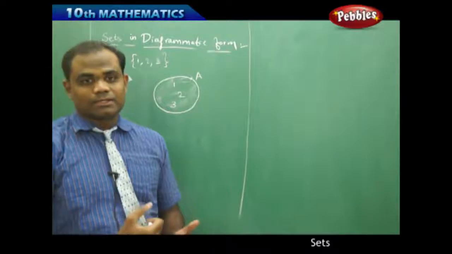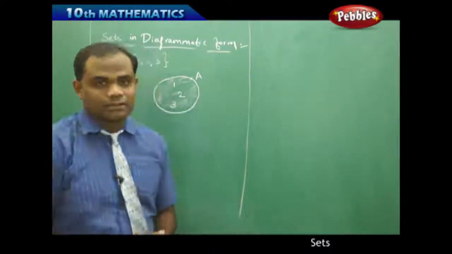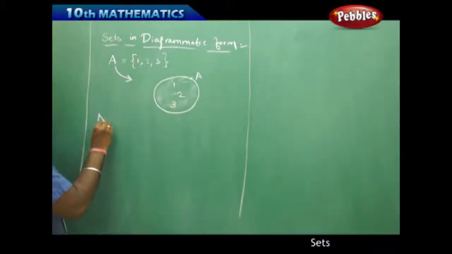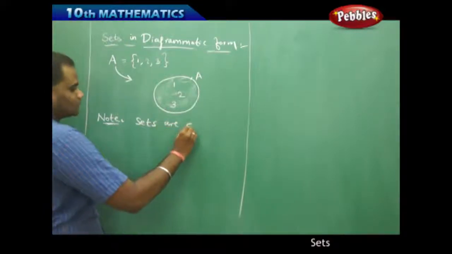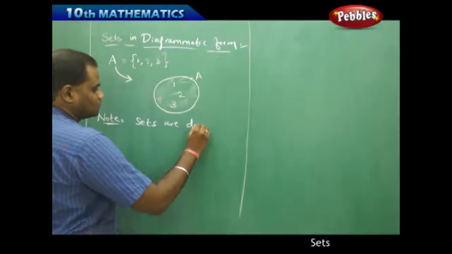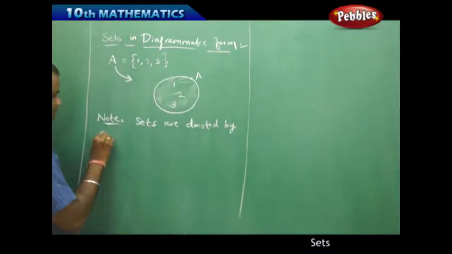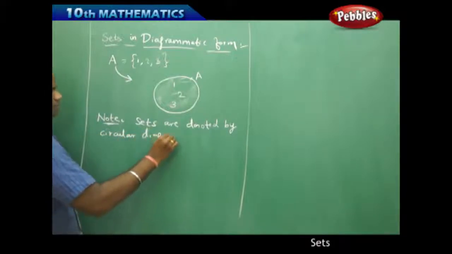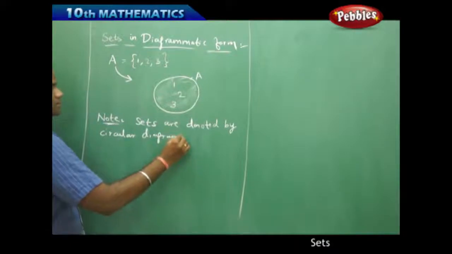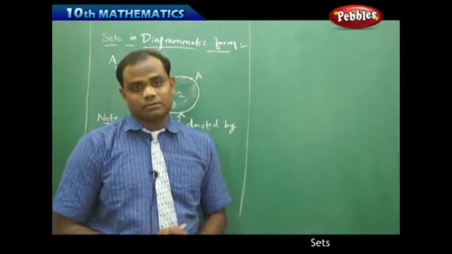So this is how I understand the diagrammatic representation of a set, with the learning outcome being: note, sets are denoted by circular diagrams. As you can see here, sets are denoted by circular diagrams.